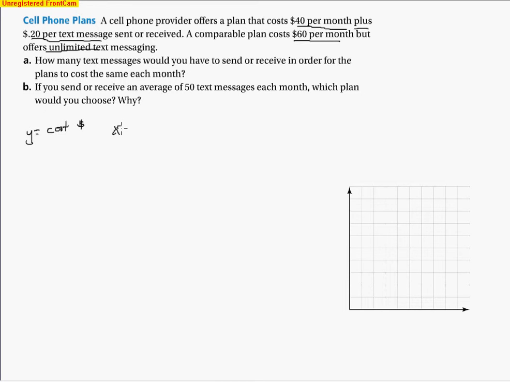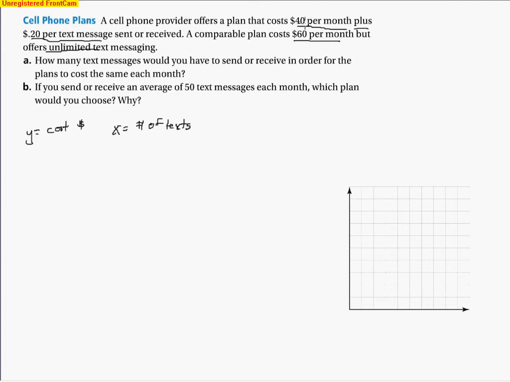X is going to end up being, what changes right here is it's $60 per month, but what changes is the texting. And so we're going to say the number of texts. So that's what's really going to change plan number 1's cost right here.